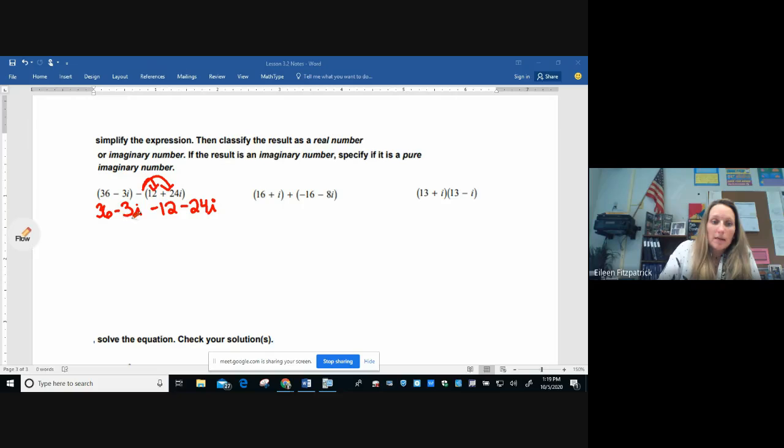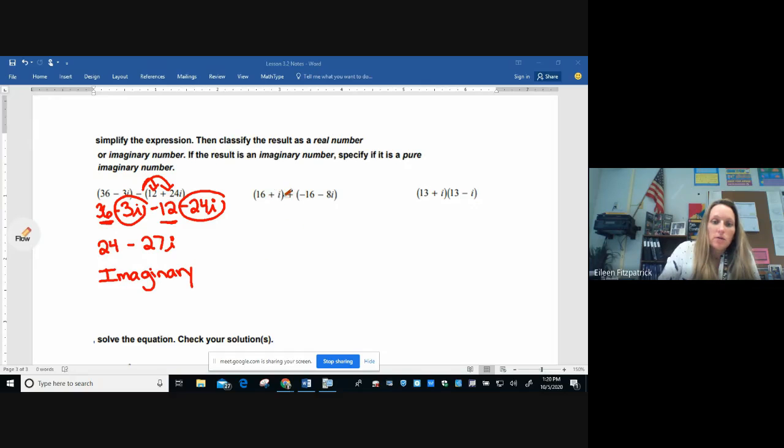So combining like terms, start with the reals first. 36 minus the 12 is going to leave you with 24. Then you're going to look for your imaginaries, negative 3i minus 24i. All right, and that's going to give you negative 27i. Right, and this is imaginary because there's an i involved. It's not pure imaginary, it's just imaginary.